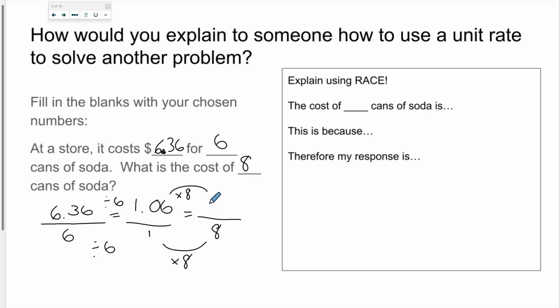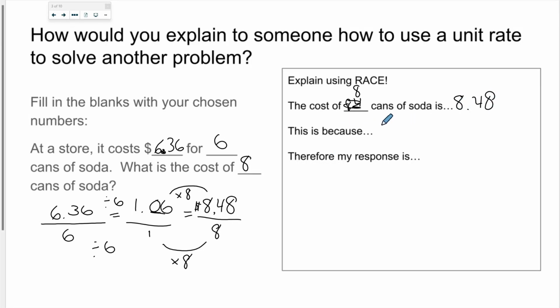$1 times 8 is $8. 6 cents times 8 is 48 cents. So it would be $8.48. I'm sorry, so it should say the cost of 8 cans of soda is $8.48.